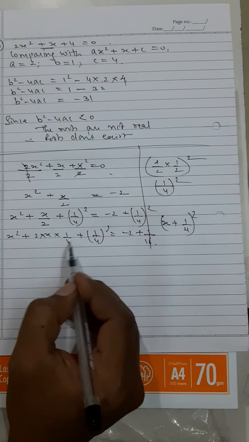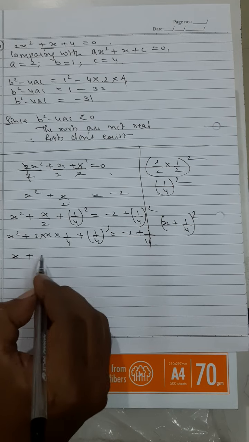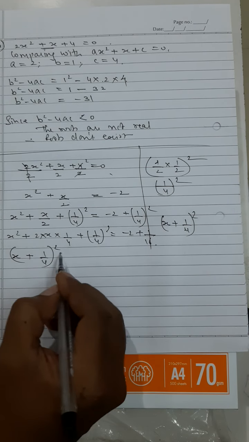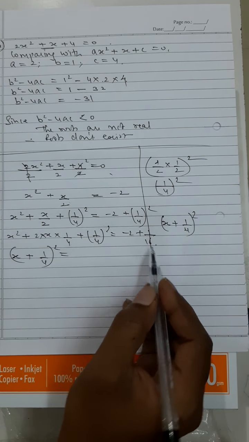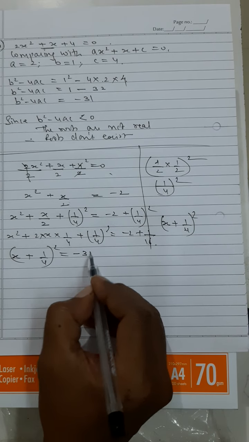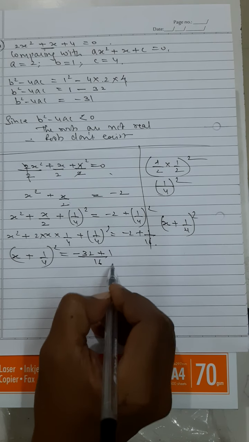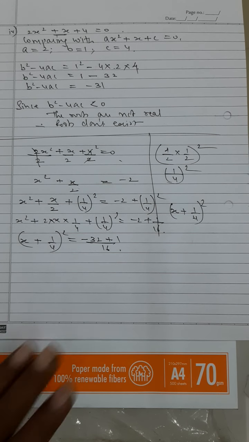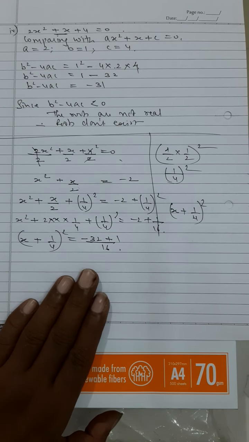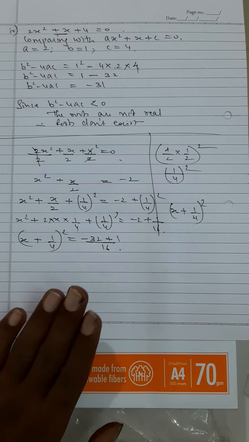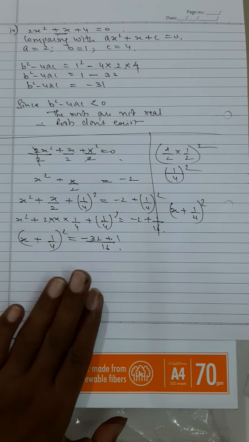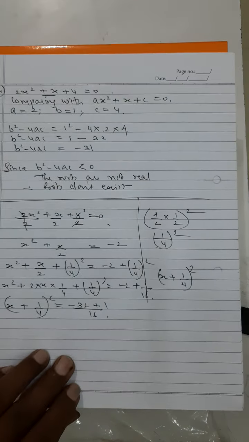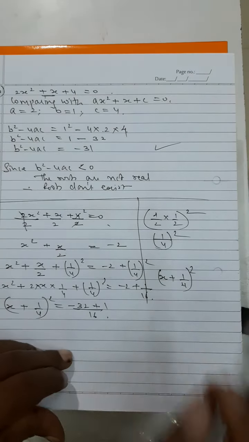So this, if I solve, yes, it is coming right, x plus 1 upon 4 the whole square is equal to, this I will get minus 32 plus 1 upon 16. Now this is the same, dear friends. We got it this same way, and this is going to be a negative number. The square root of a negative number is not possible. Therefore, the roots don't exist. The same thing we had written over there. Okay, my dear students, that means the answer also is right.